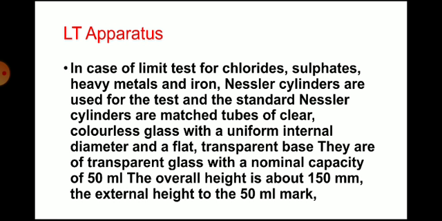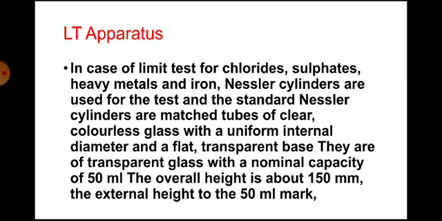Nessler cylinders are matched tubes of clear, colorless glass with uniform internal diameter and having a transparent base. The nominal capacity is 50 ml. The overall height is 150 millimeter, and there is an external height to the 50 ml mark of the Nessler cylinder.